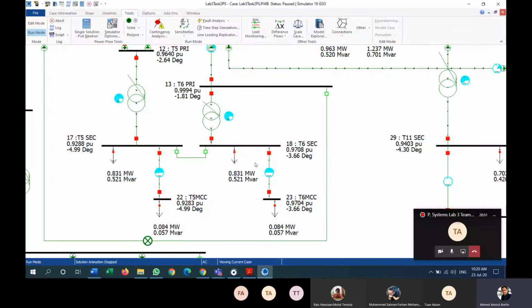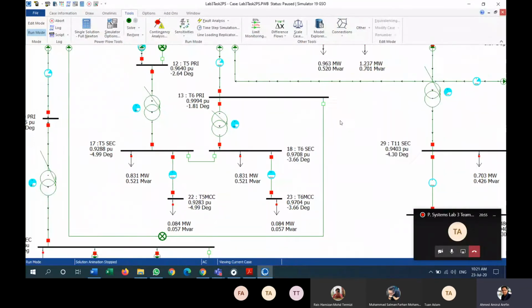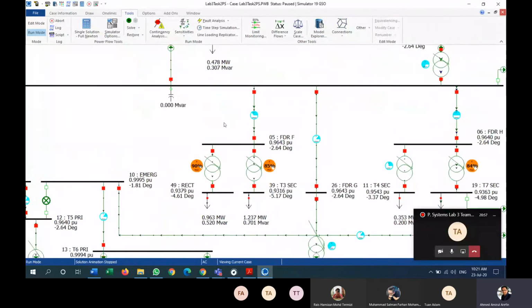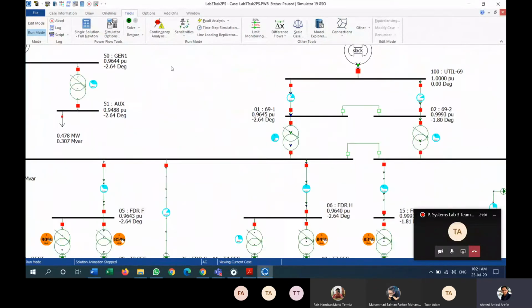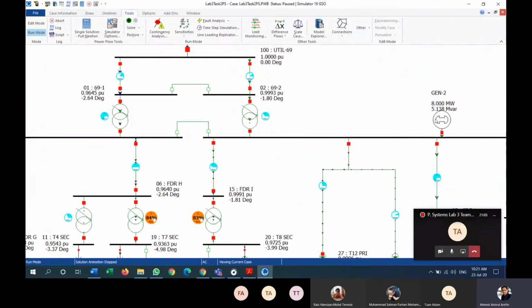Another thing is the generator set point, but unfortunately this generator is not in service. Only this generator is in service.